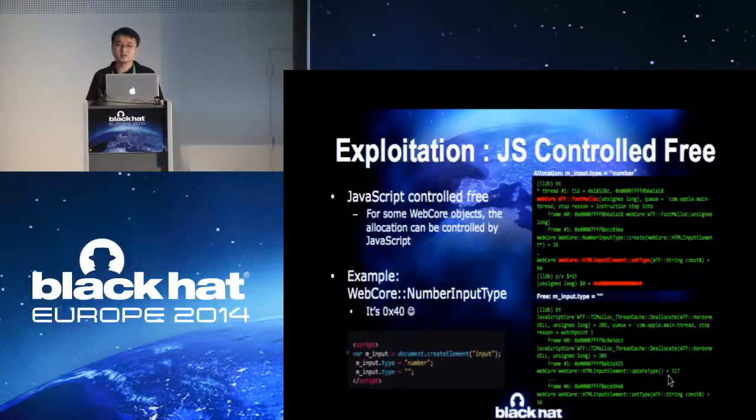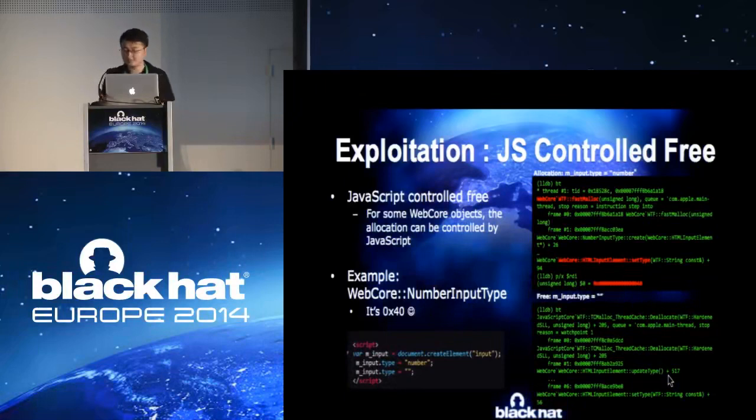In some objects of WebKit, the object can be allocated if you set a property of that JS object, and you can free it by just unsetting that value. A typical example is WebCore's number input type.